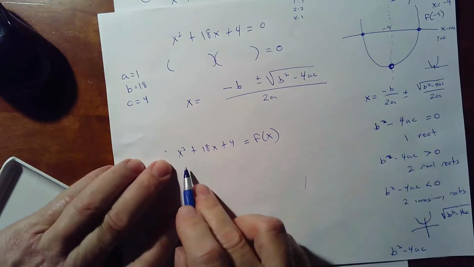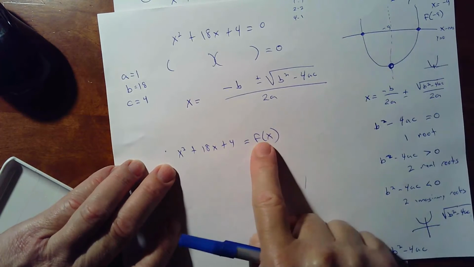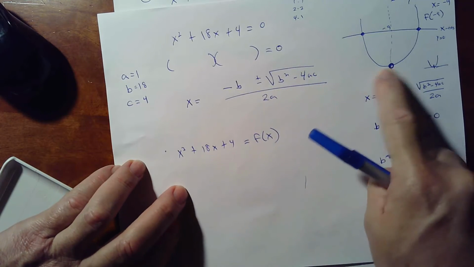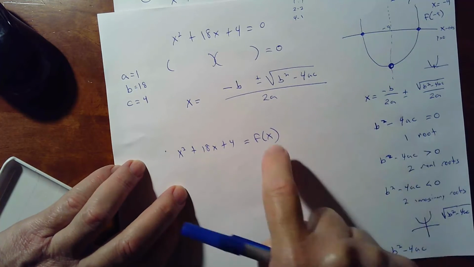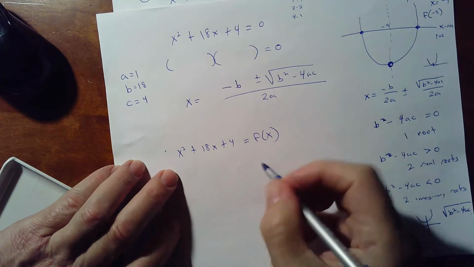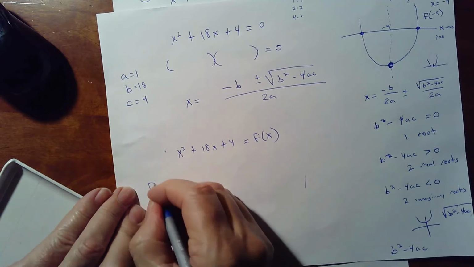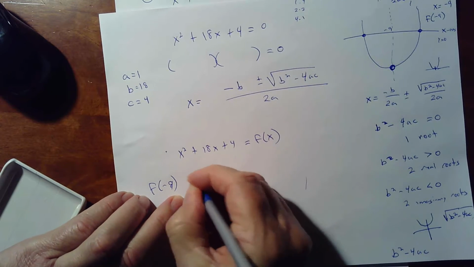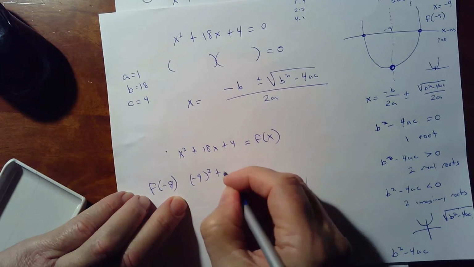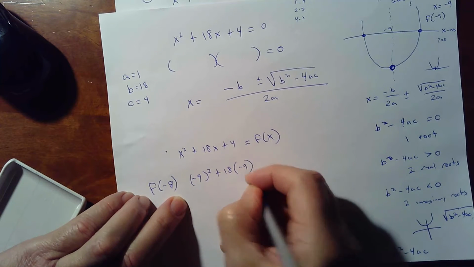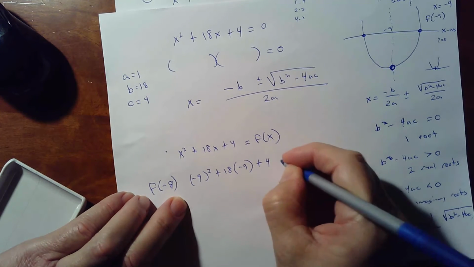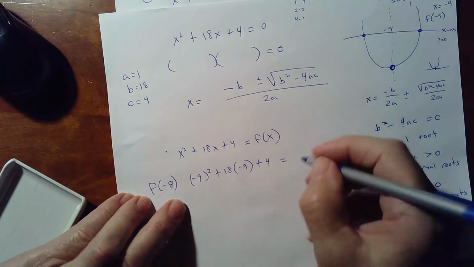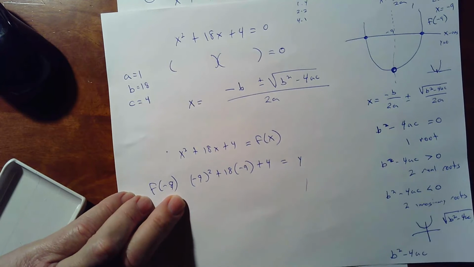So we're plugging in the negative 9 value, or the negative b over 2a, to determine the y value of this function evaluated at that point. So we're applying f of negative 9 here. So we have negative 9 squared plus 18 times negative 9 plus 4 is equal to the function evaluated at negative 9, which is the y value.